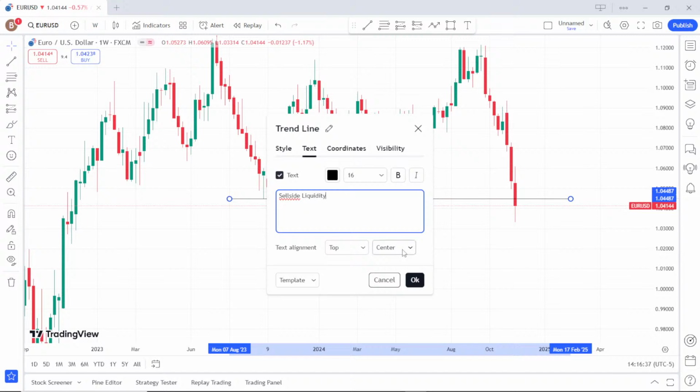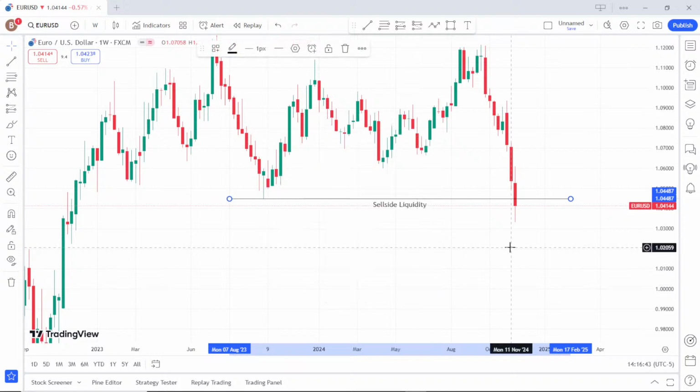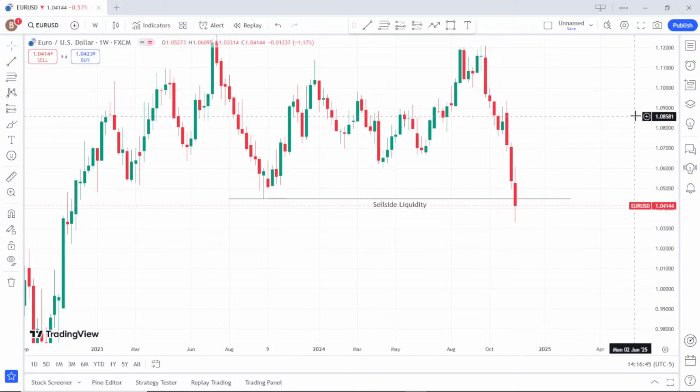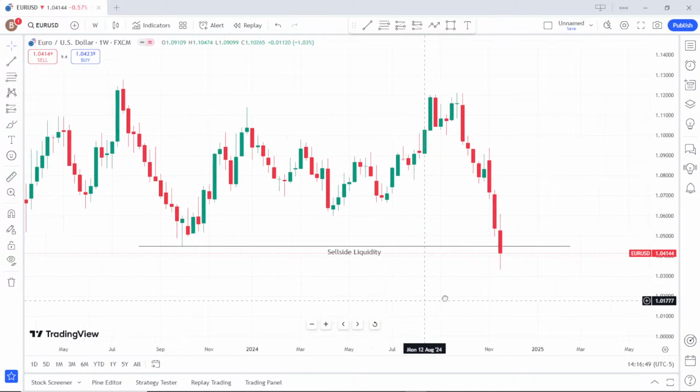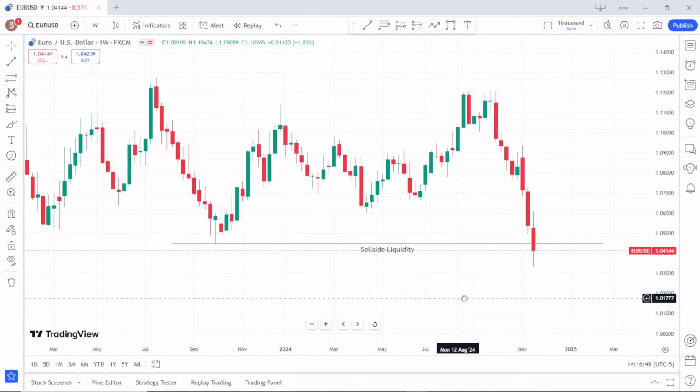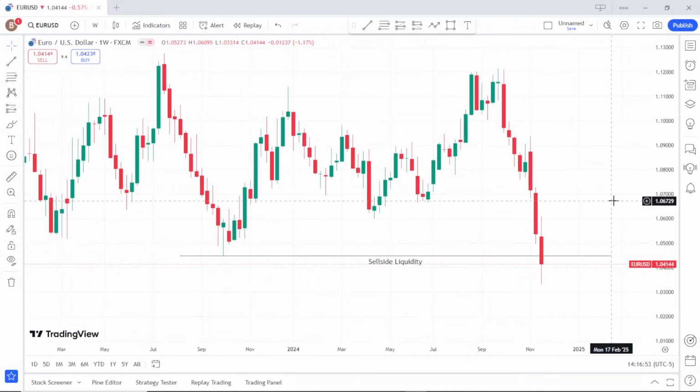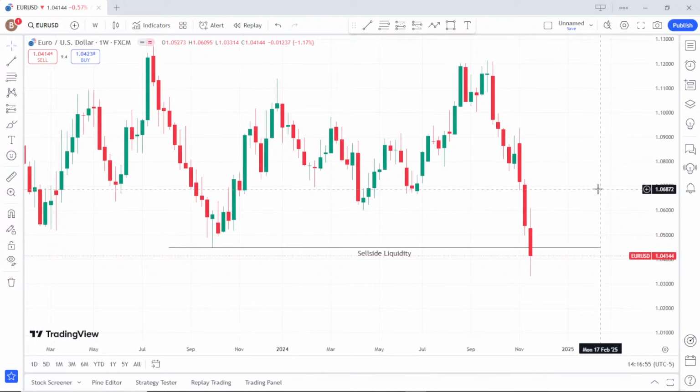For the last 2 weeks, I've highlighted that sell side liquidity, and I was anticipating that sell side liquidity heavily to be tagged. I was really waiting for that sell side liquidity to be tagged. And watching that sell side liquidity for the past 2 weeks, my bias on the euro will turn to being bearish.